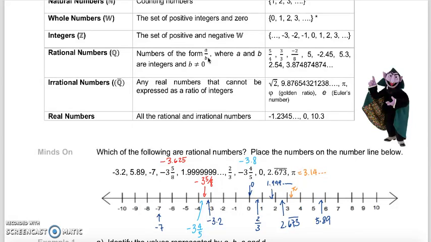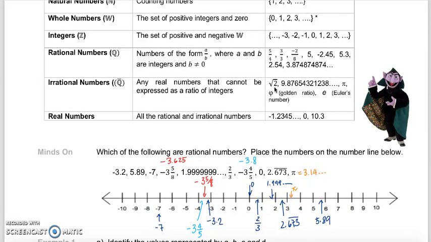Well, the opposite of rational numbers are irrational numbers. The symbol is Q with a bar over it. What are irrational numbers? Basically, these are numbers that can never be written in the form of A over B. You cannot represent them using division of 2 integers.